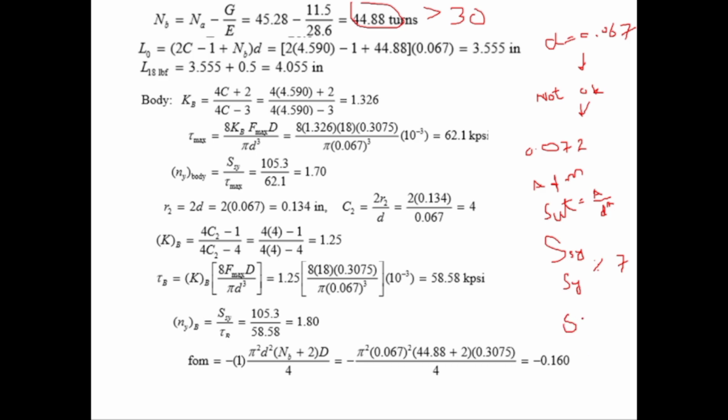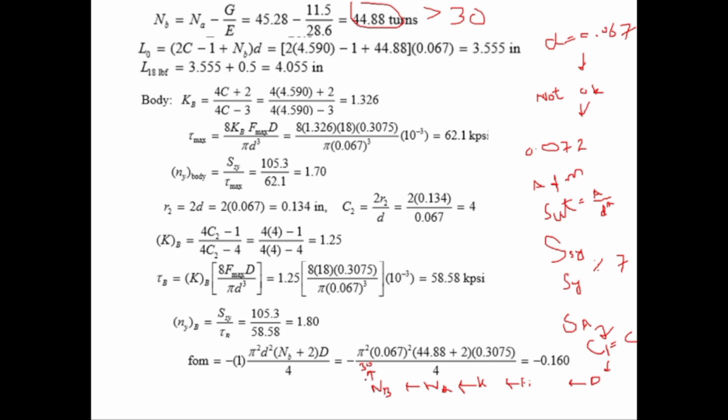Then find the sigma A value, from which find the value of C1 or C, from which you can find the mean coil diameter, and after that find the initial tension Fi, after that find the K value, and then find the number of active coils Na, from which find the value of Nb, which should be less than 30.